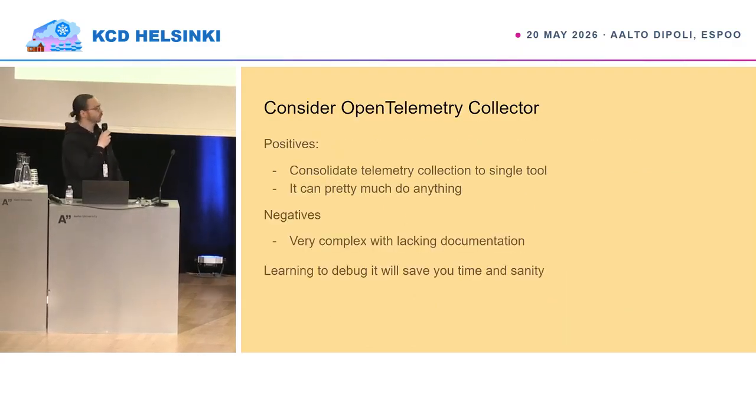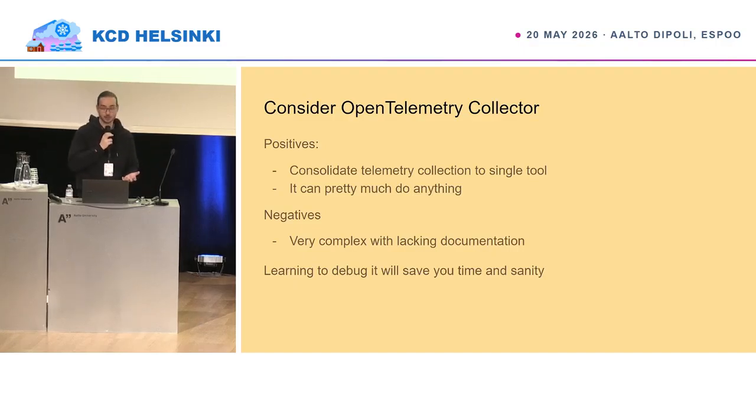And consider using OpenTelemetry Collector instead of any of the vendor-specific tools, because it consolidates everything that you can do in the observability landscape into a single tool, so it makes things more consolidated.